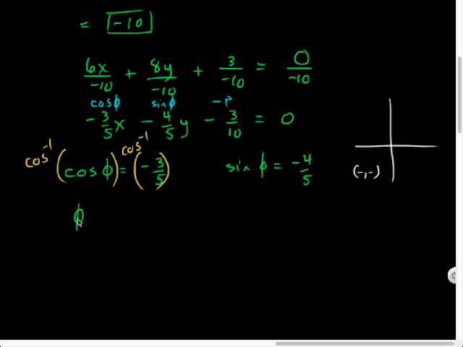If I plug that in a calculator, it's going to give me an angle here, and that's not what I want. Since I want the reference angle first, the reference angle for this is just going to be cos inverse of the positive 3/5. That'll at least give me the one in the positive quadrant.